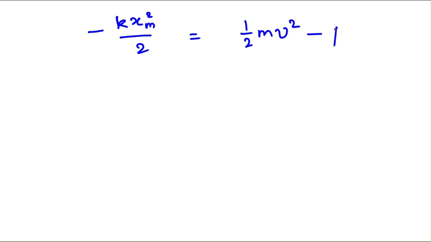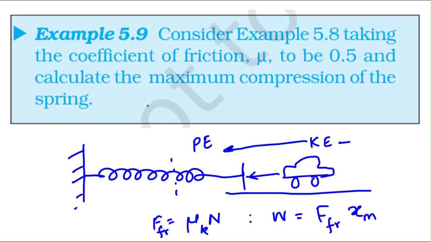So we write mu k times N, that is mg. N is the normal force. The normal is nothing but a counter force balancing the gravitational pull on the car. So this is equal to mg, because there is no vertical acceleration in this car.